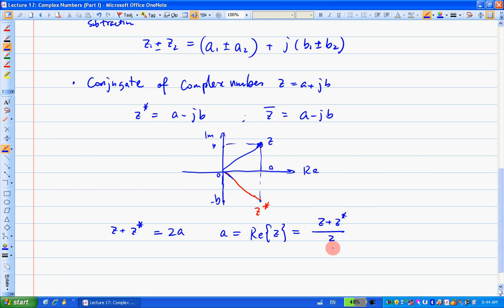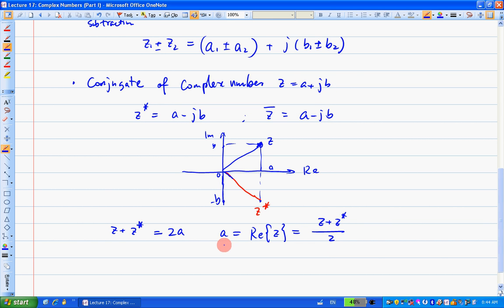Now this fact seems maybe not quite useful because you say, well, if you want to find A, you need Z and Z star, and A is part of Z and Z star. So what's the point of relating all of this together? It's sometimes useful in terms of proving something. And sometimes when you want to transform the operation, instead of just using the real part A here, you use the original Z and Z star. It actually can simplify the computation somehow.